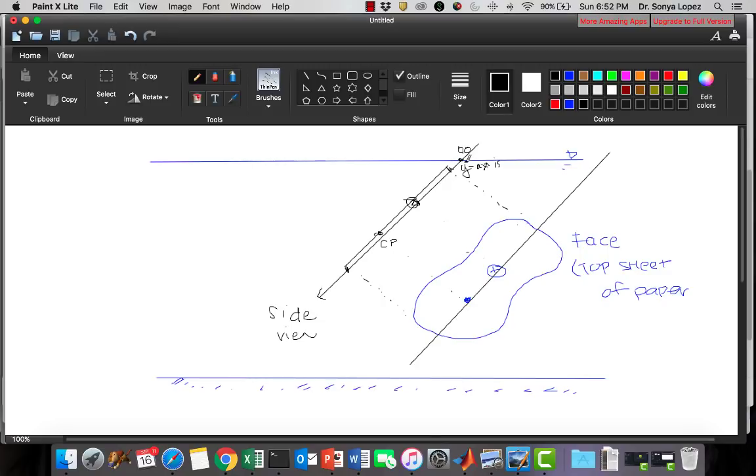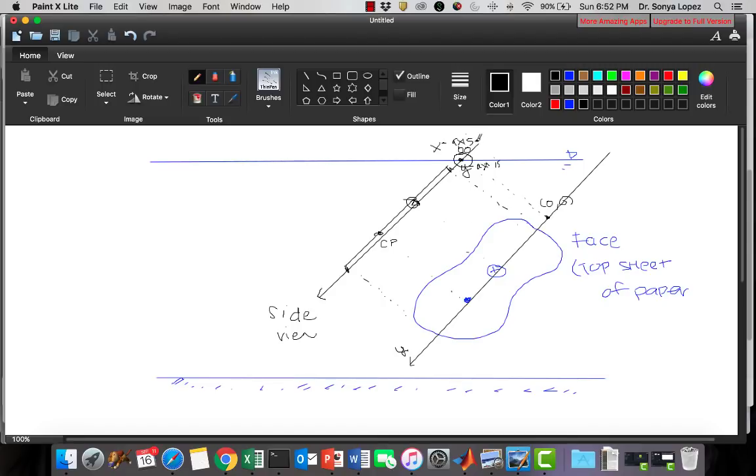Okay, this is the same axis. So this is 0, 0, and again, this is my y. Now this is a 2D plane, so we're missing our x-axis. The x-axis from the side view is actually into the board.